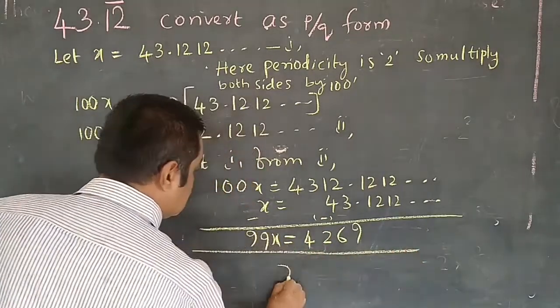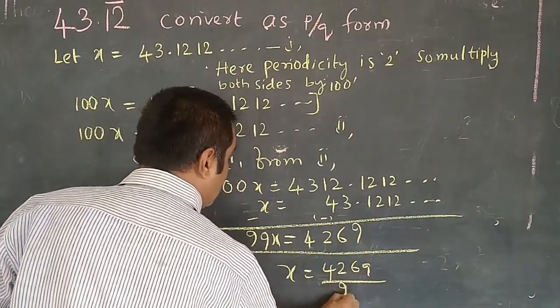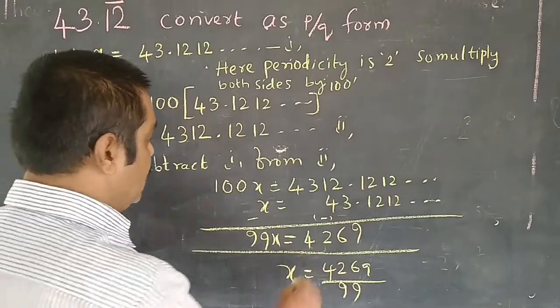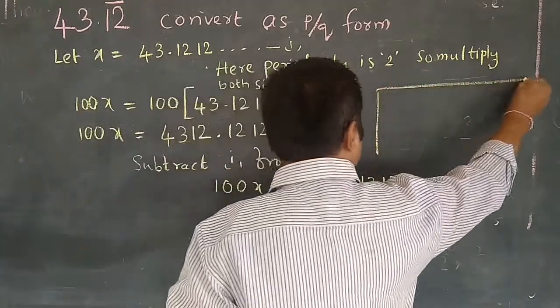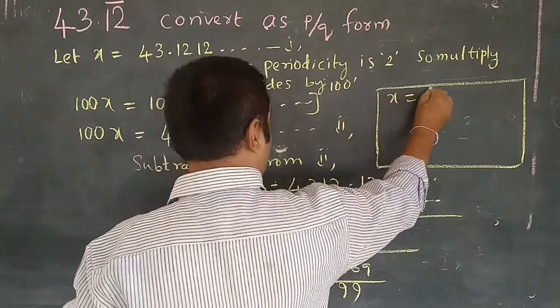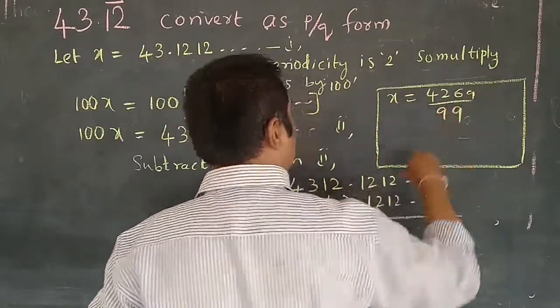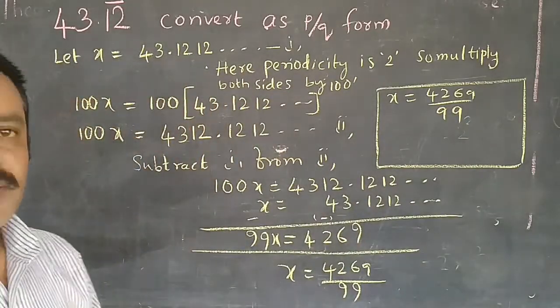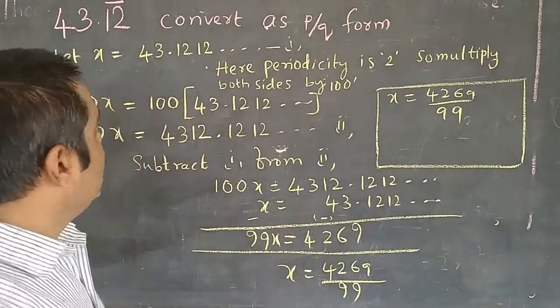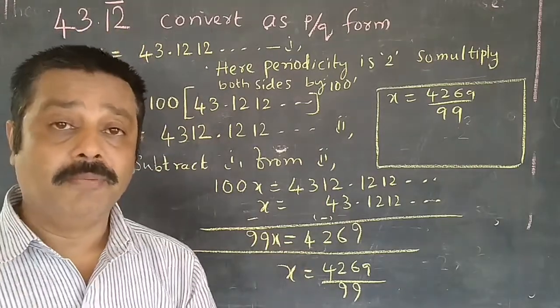So you get the answer x is equal to 4269 by 99. Have you understood, children? What is that answer? x is equal to 4269 by 99. Okay, this is the method to convert any recurring decimal into P by Q form.